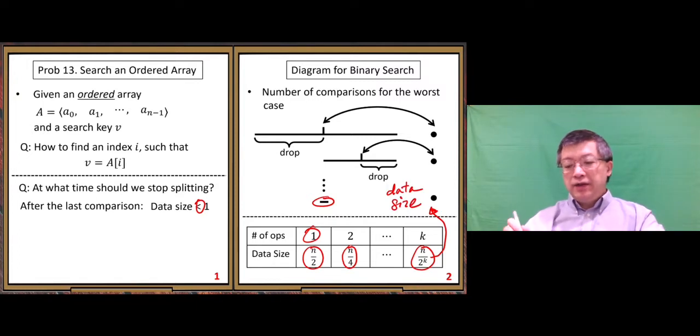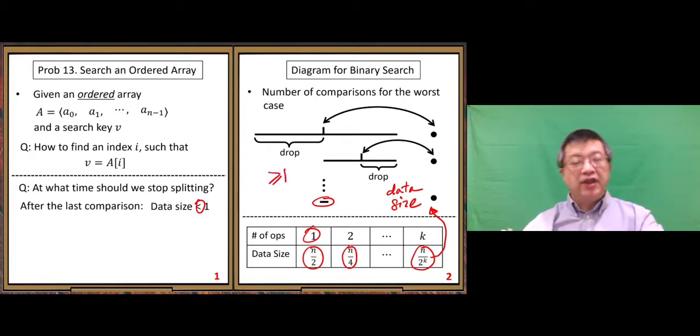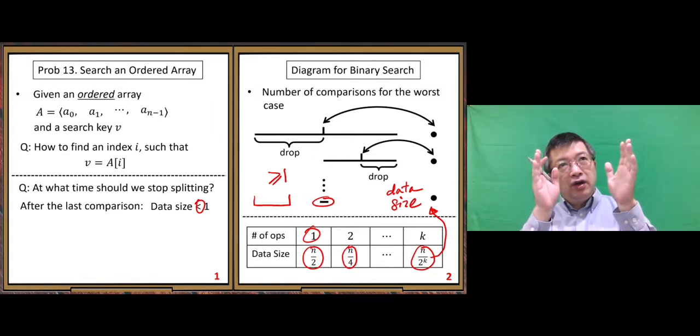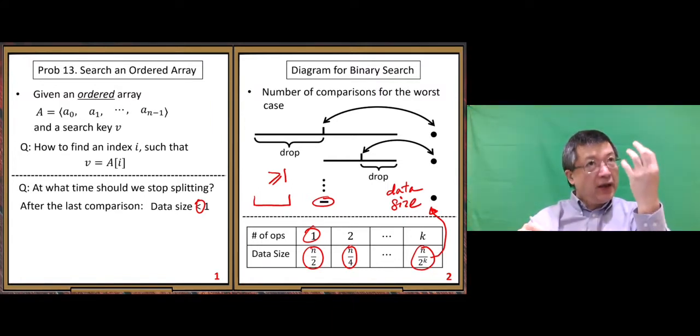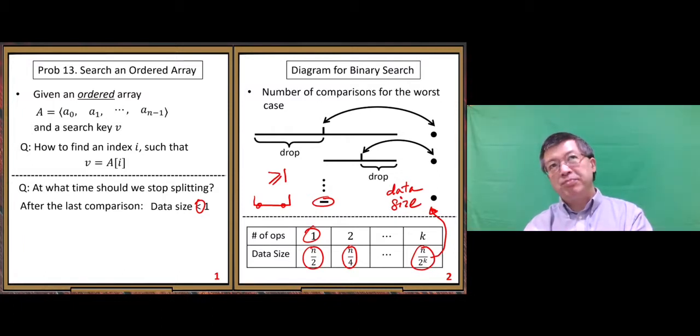This expression should be less than 1. If it is greater or equal to 1, think about it. We have an interval longer or equal to 1, at least 1, then there is a possibility it can cover 2 elements.